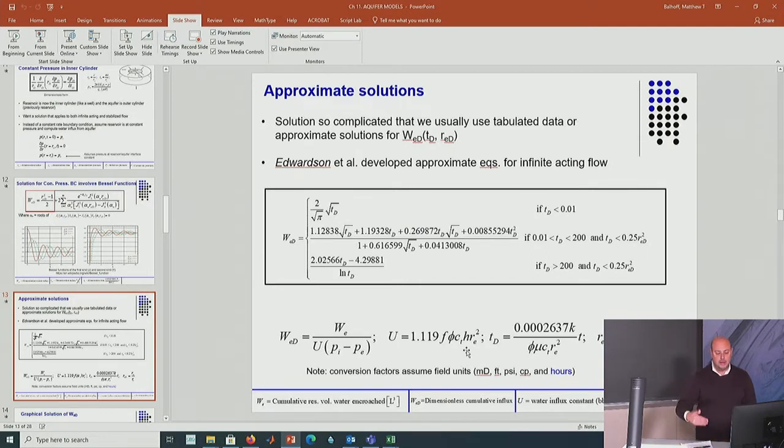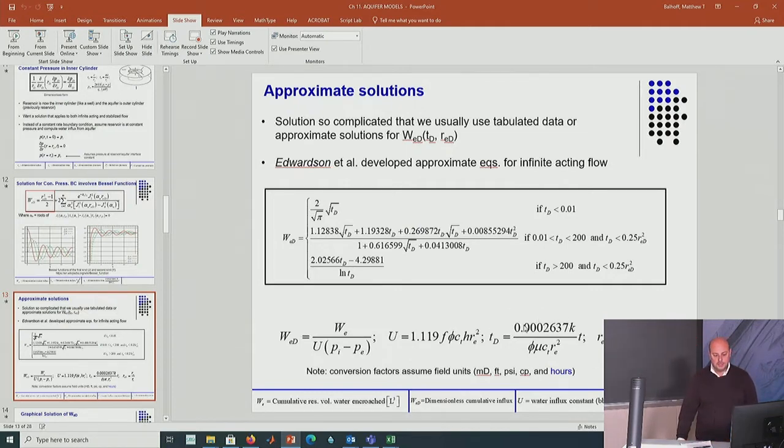It's actually 2 pi times a conversion factor. So as long as you use compressibility in inverse psi, thickness in feet, and radius in feet, you don't need to do any conversion to get this into barrels because that's what the 1.19 is. In fact, it's exactly 2 pi divided by 5.61. There's 5.61 cubic feet in a barrel.